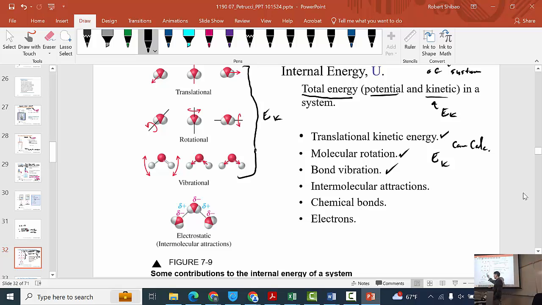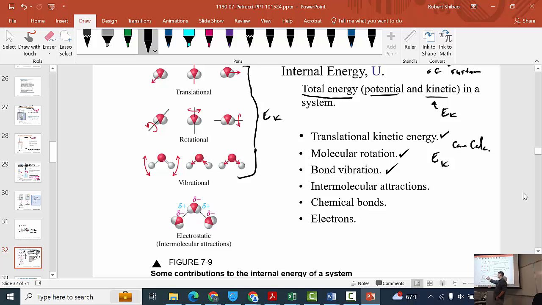To break a bond, does that cost energy or does that release energy? Yeah, to break a bond is going to cost you energy. To form bonds, do you know what happens? It releases energy, and the amount of energy that's released is the exact same amount of energy that's required to break it. And so we have energy in the bonds.